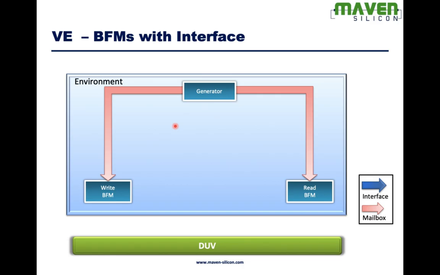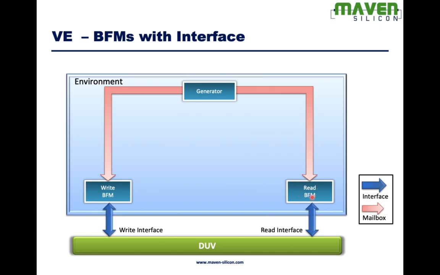And then we create drivers, write driver and read driver. How do you connect the driver with the DUV? Through interface. So we instantiate the interface in both driver and DUV.